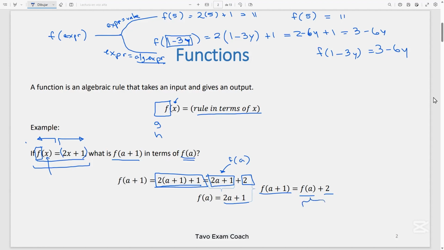Because you know that this is 2 times a plus 1. And you know that this is 2 times a plus 3. So that's a possible question.